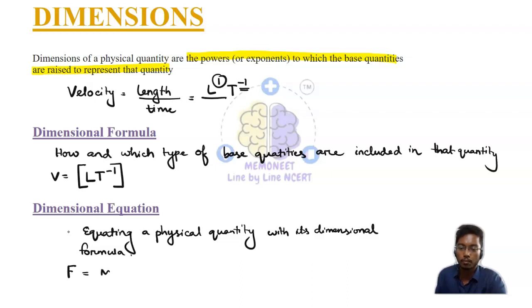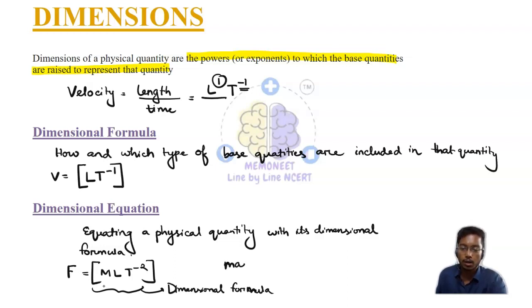Force is equal to [M L T to the power minus 2], which is put under the bracket. This is the dimensional formula. The mass, length and time are the dimensions here. And we are equating this, so this is known as a dimensional equation.